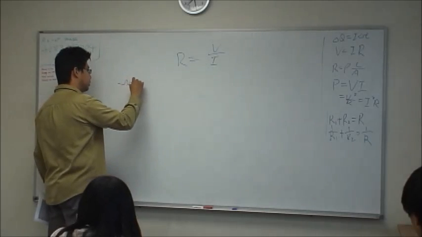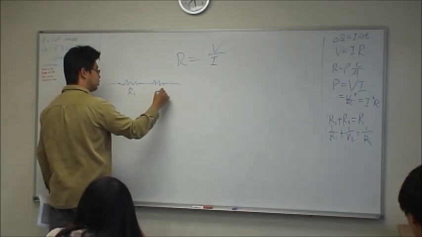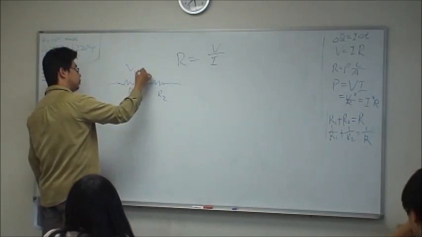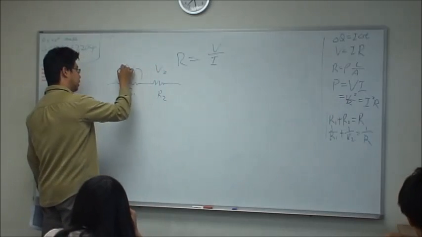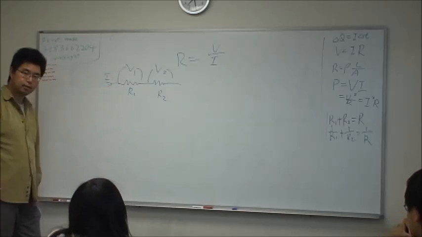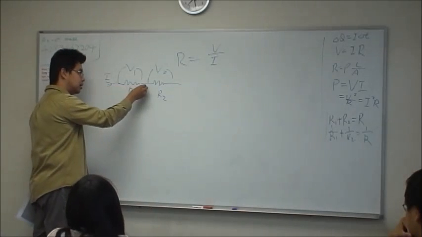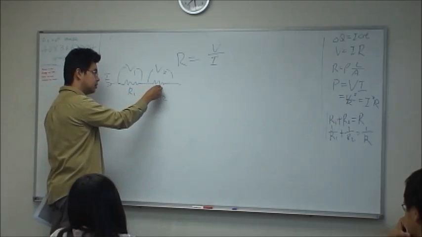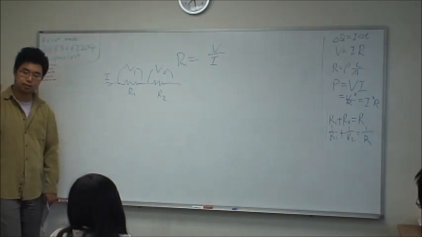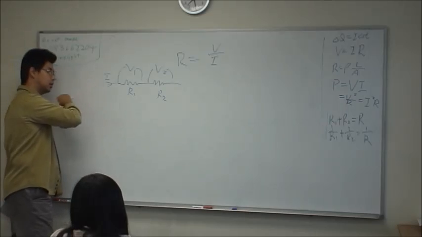First, let's have two resistances in series. There's R1, there's R2. So there's V1 and V2 across them. The current will be the same. Make sense? It's a series. How many charges move into this, move out of this, and move into this, and move out of this? All of them are the same amount in the same time. Current is the same. Continuous.